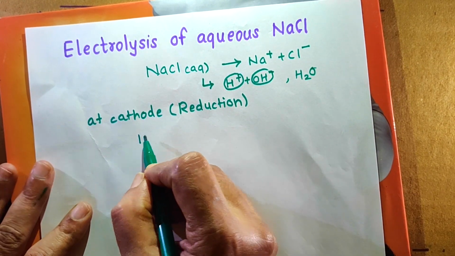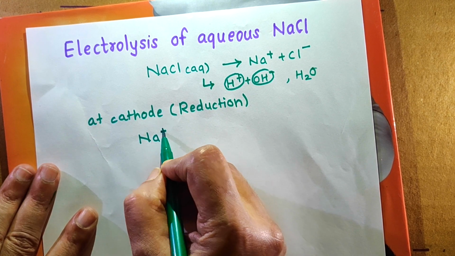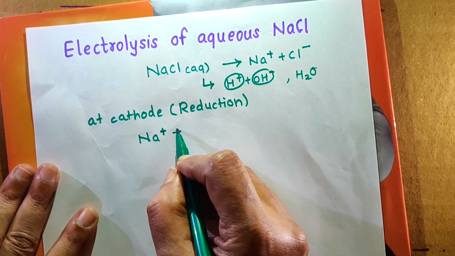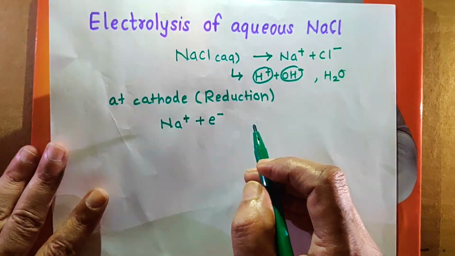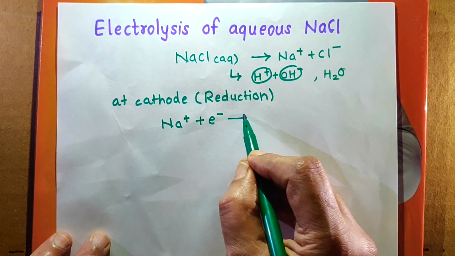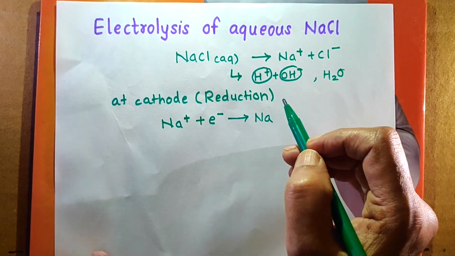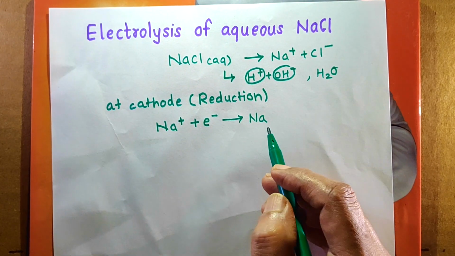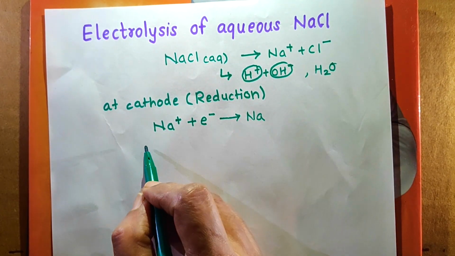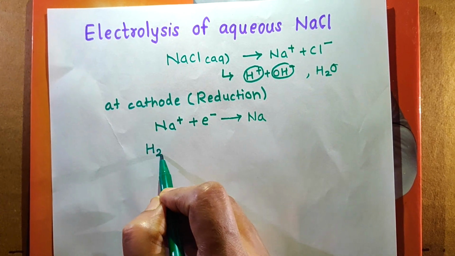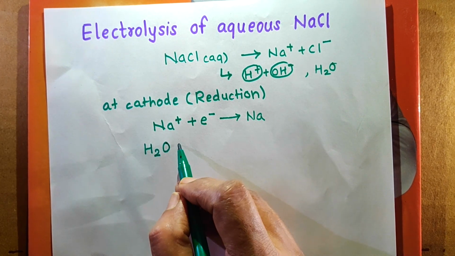Now Na+ ions are there. These Na+ ions can take electrons and be converted into Na metal. Again, H2O molecules are there, and H2O molecules also have the tendency to take electrons.